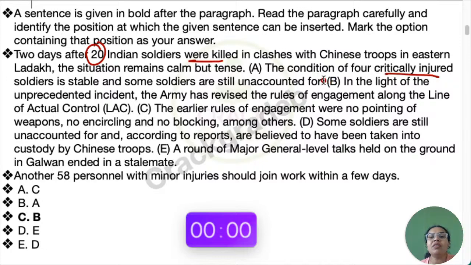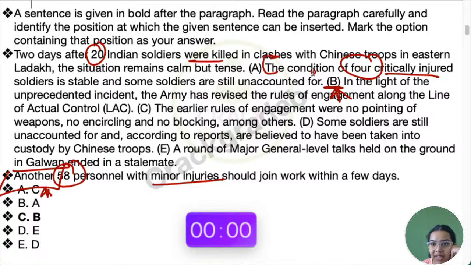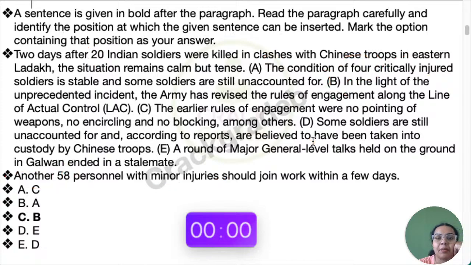Then we go to even lesser one, that is some people with minor injuries. And also another. That means apart from these four, there are 58 more people, more personnel. Because of this word another, it is going to be used in this place after this statement. So your sentence fits here.